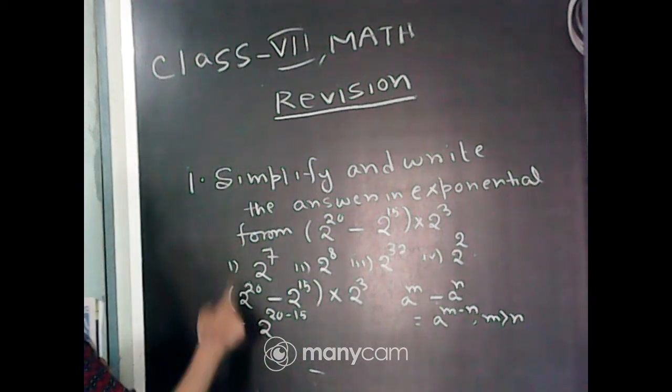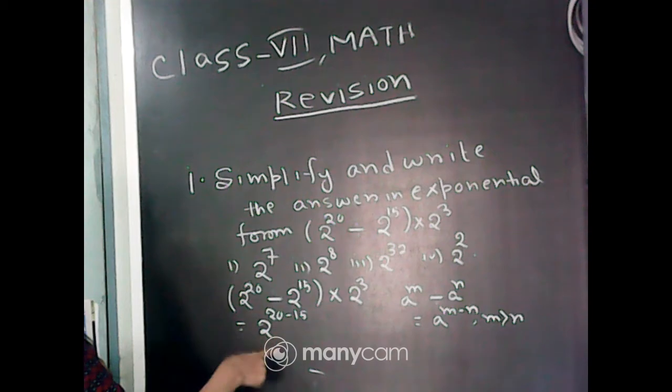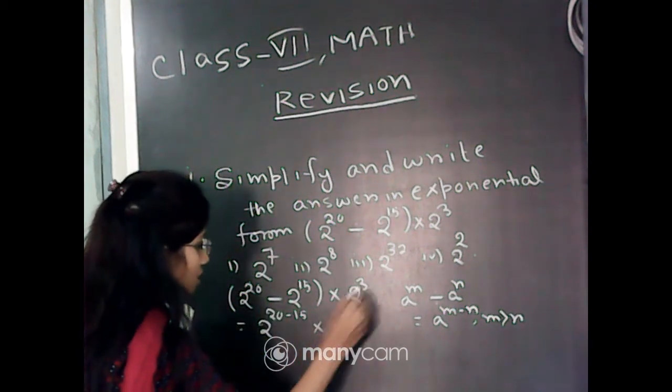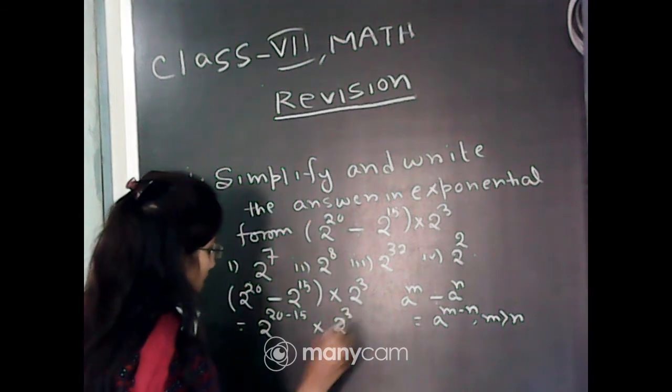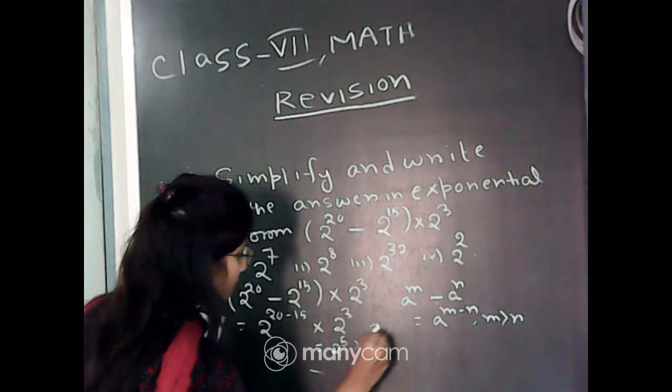So 2 to the power 20 divided by 2 to the power 15 is equal to 2 to the power 20 minus 15 into this 2 cube, that is 2 to the power 5 into 2 cube.